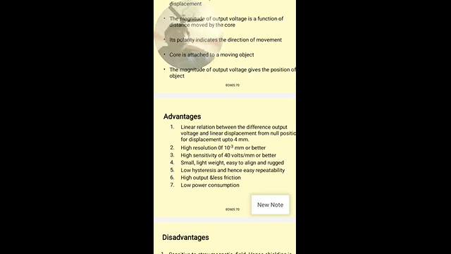If some magnetic circuits come close to this LVDT, the readings may get flux linkage from the other magnetic field, which results in an error in the output voltage.